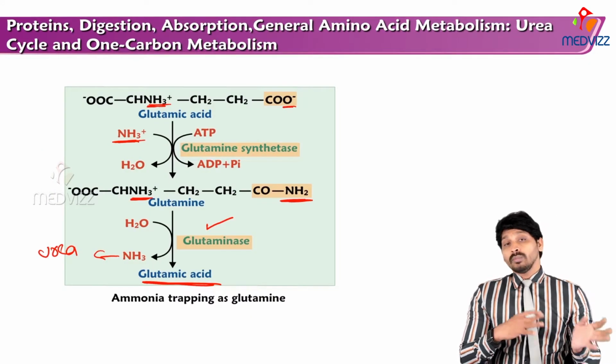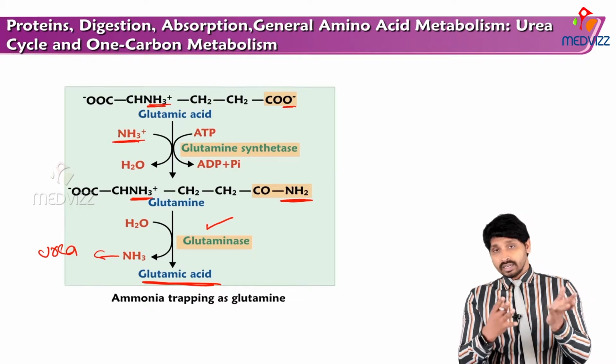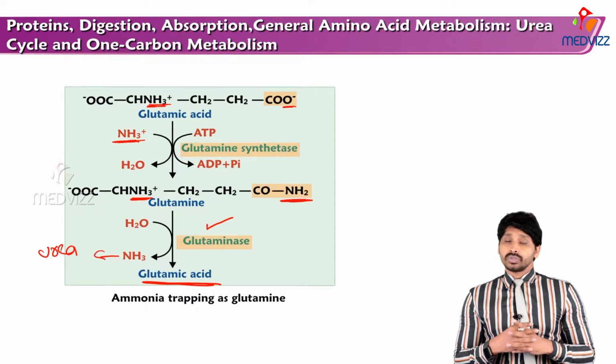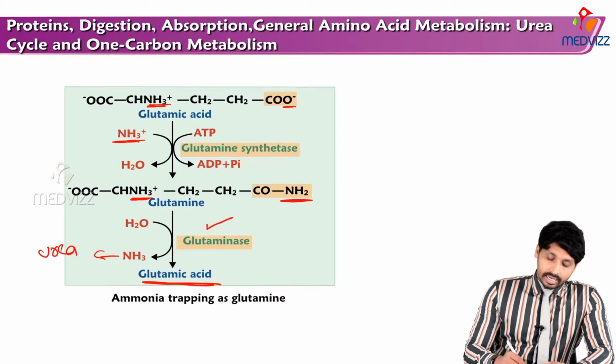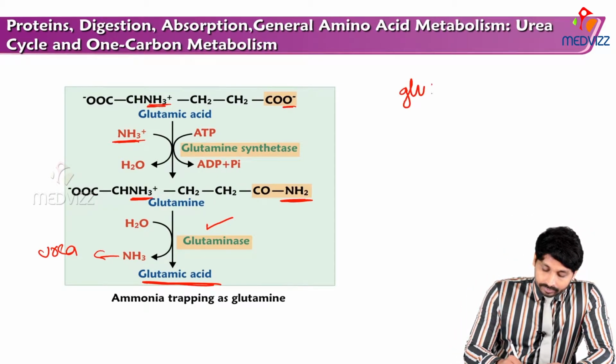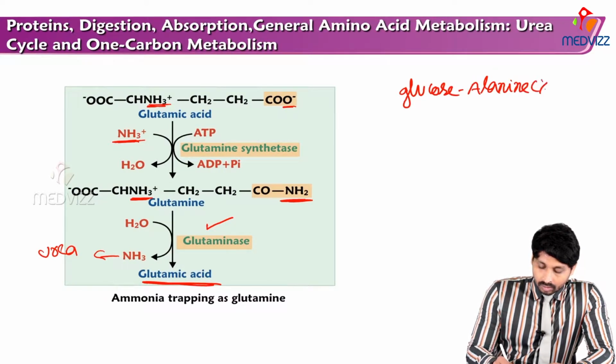So there is one more system, like we have already seen in carbohydrate metabolism, from peripheral tissues like muscles, okay. There you can say the glucose alanine cycle.